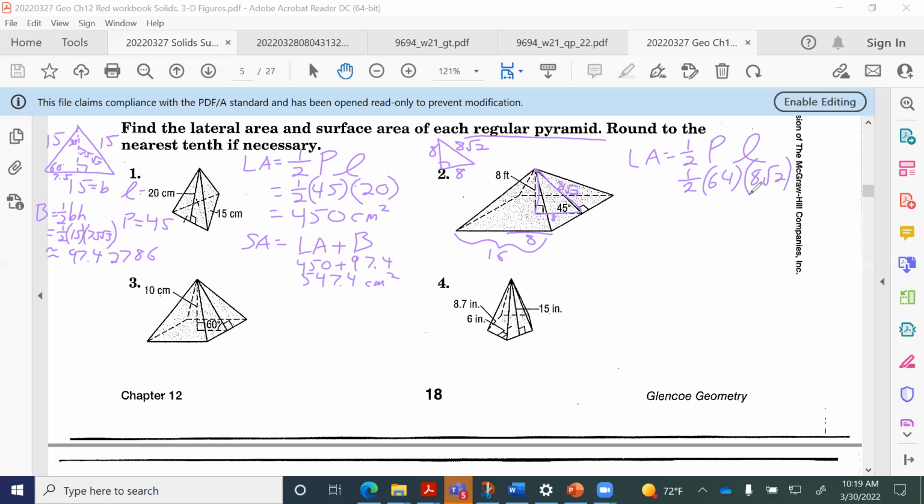So we have 1/2 times 64 times 8 radical 2, which is 256 radical 2.